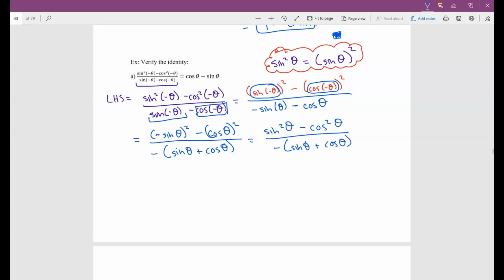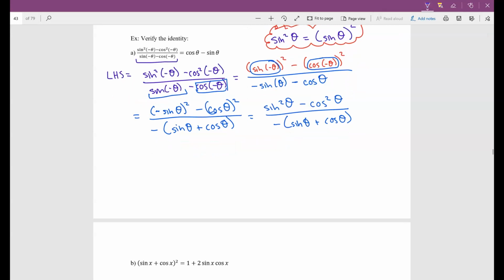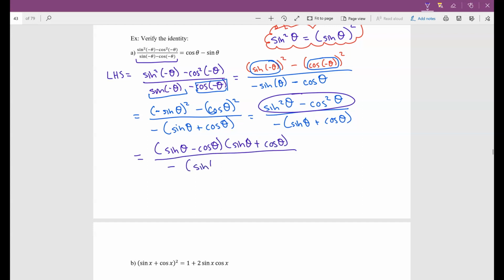Now on the top part I can factor this. The top part right here, I can factor as sine theta minus cosine theta, and then sine theta plus cosine theta, divided by negative sine theta plus cosine theta.